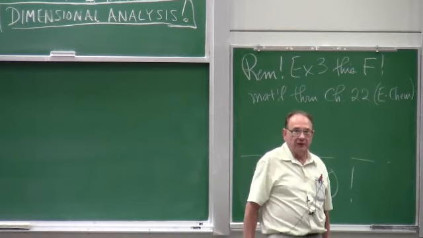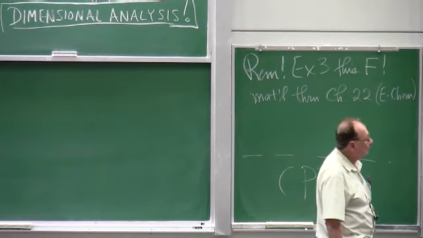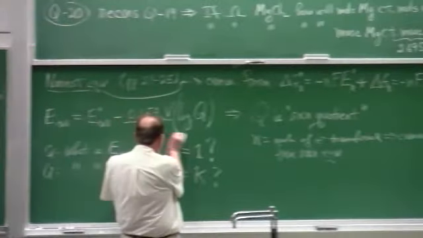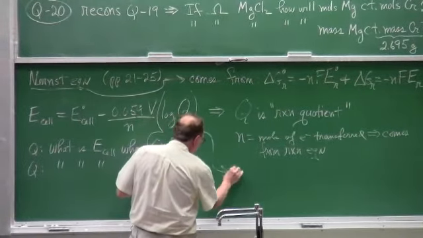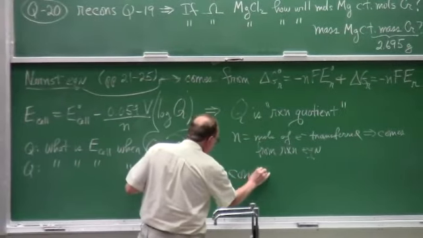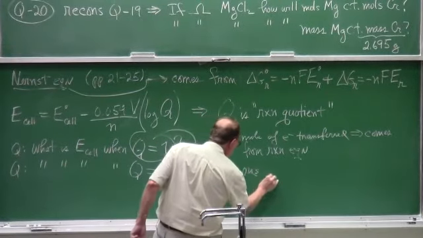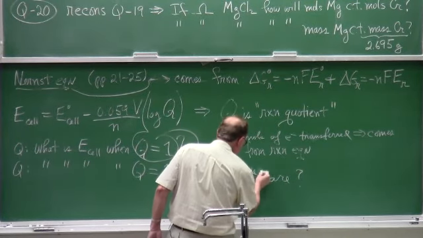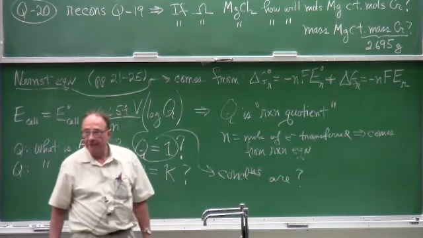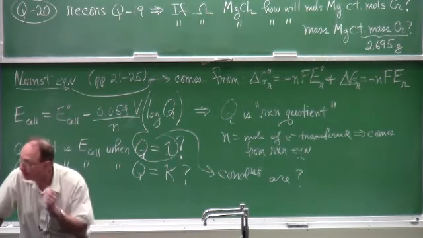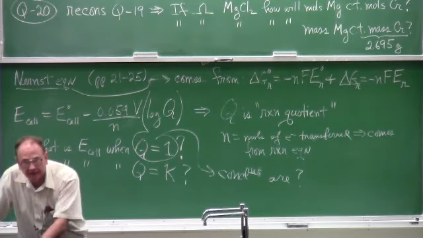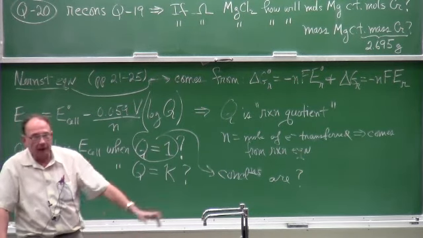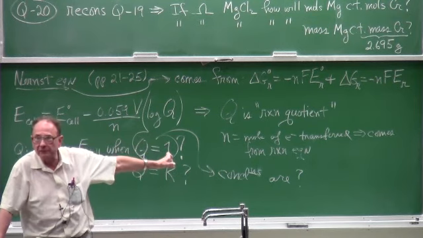We did this in chapter 21. What kind of conditions? Each term in Q is 1.